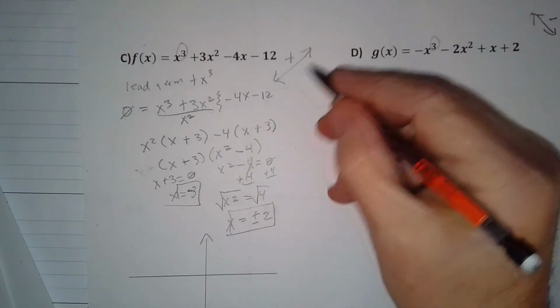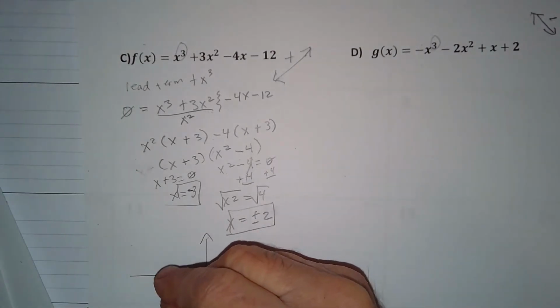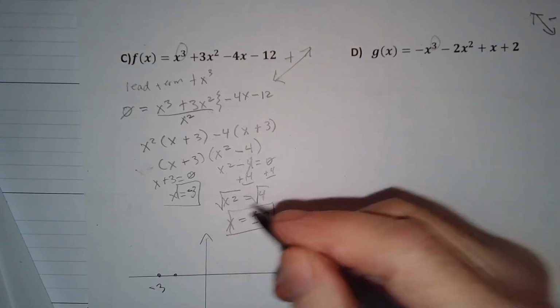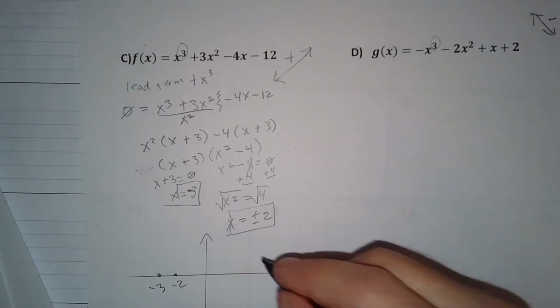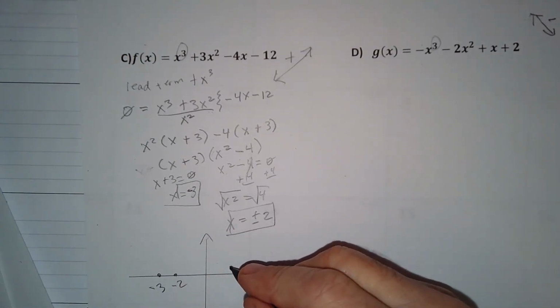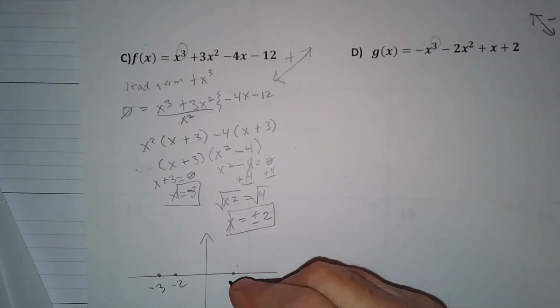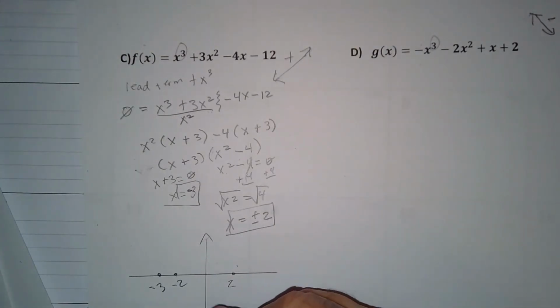Okay, so we're going to start down and we're going to go up, and we've got negative 3 here, and we got negative 2, and we have positive 2. And then we also have a y-intercept of negative 12, so it's down here somewhere.